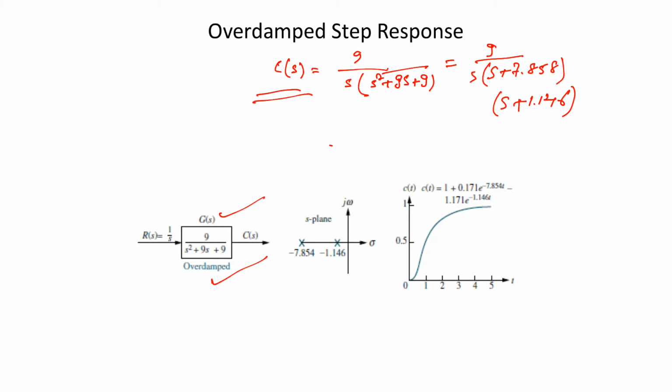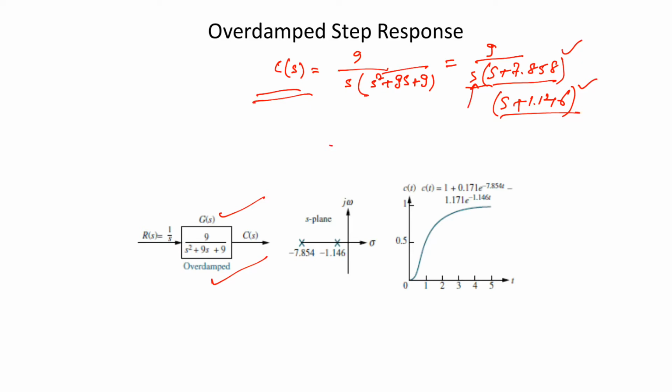So in this case we have these two terms and one s. As we already know from the previous case, the input pole at the origin generates a constant forced response.